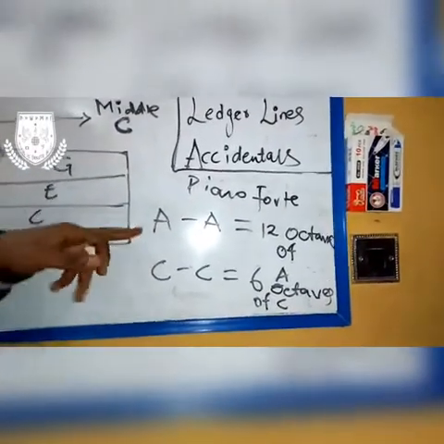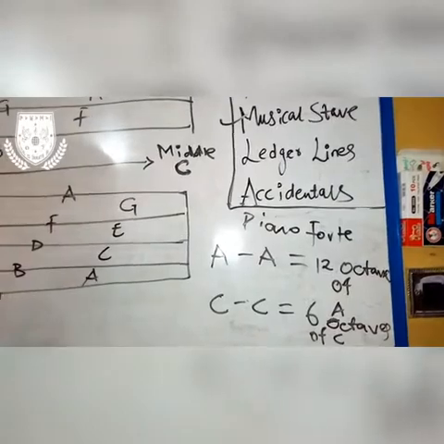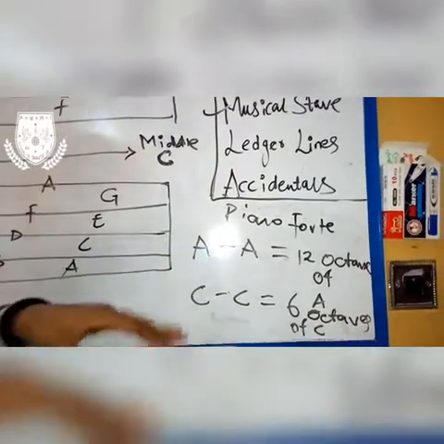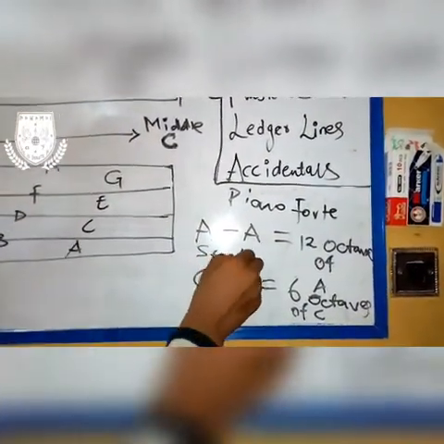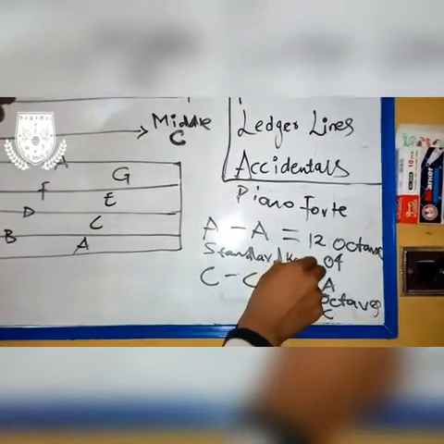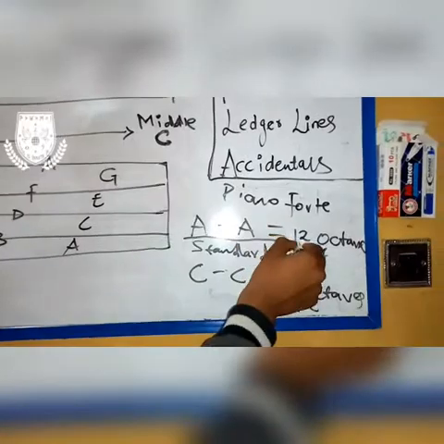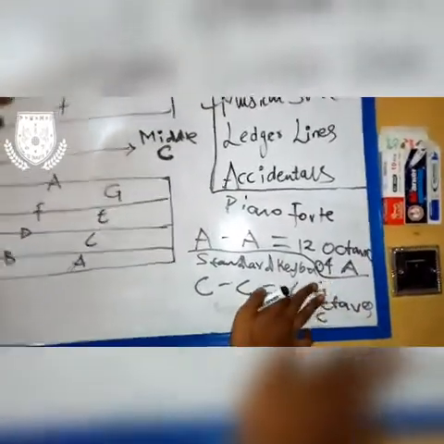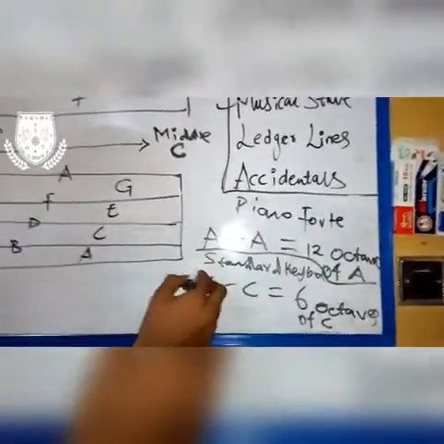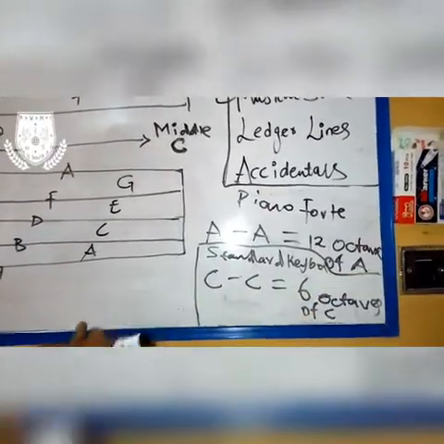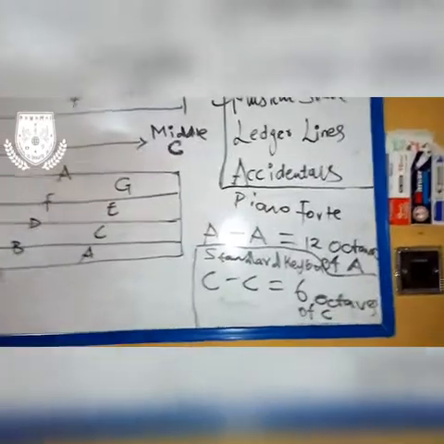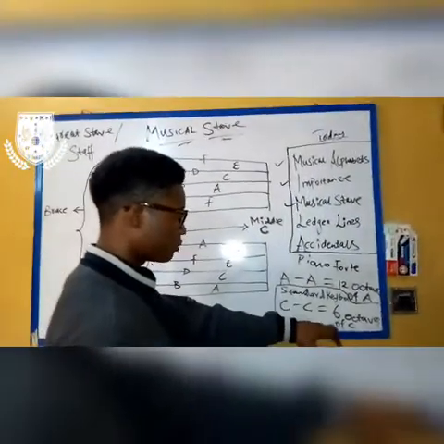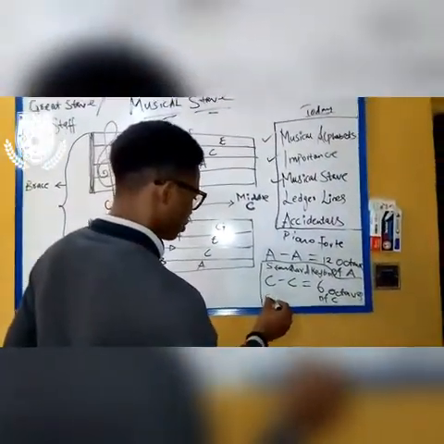Why do we have this? For the reason of cost and everything, some may not be able to afford the pianoforte, and this is for the standard keyboard. For a standard keyboard you have 6 octaves of C. What demarcates the 6 octaves is what is called C3.